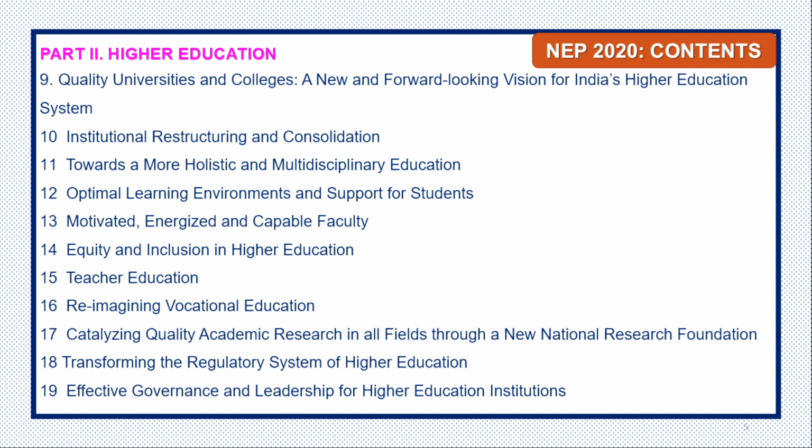After that, it is all about teacher education. Then it considers reimagining vocational education, catalyzing quality academic research in all fields through a new National Research Foundation, then transforming the regulatory system of higher education, and finally, effective governance and leadership for higher education institutes.